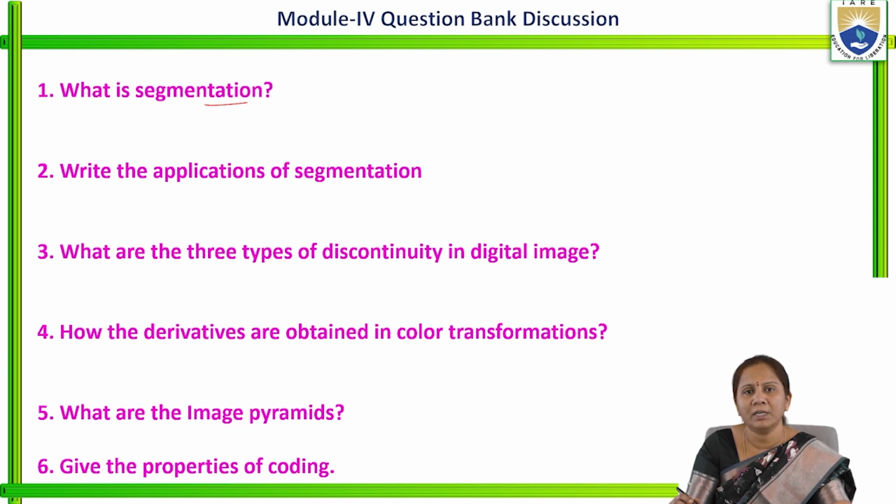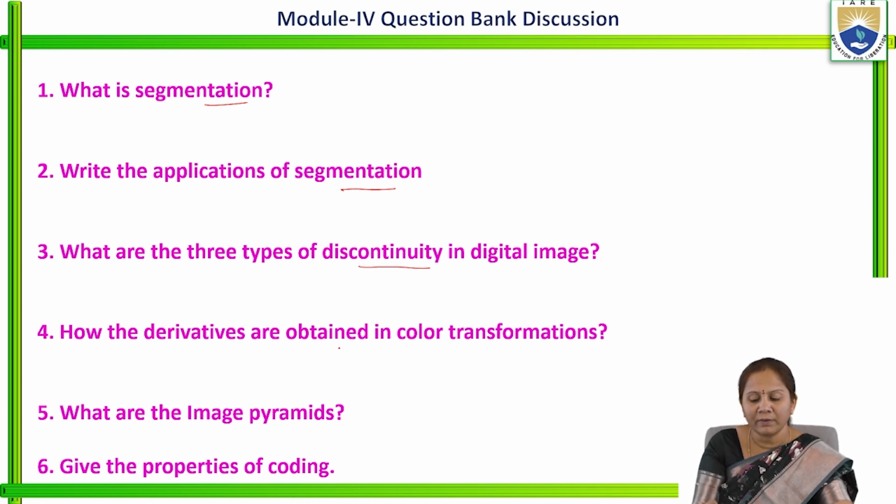By using this segmentation, the analysis will become simple. And what are the applications of segmentation? And here, what are the three types of discontinuities in digital image? And next, how are the derivatives obtained in color transformation? Next, what are image pyramids? And what are the properties of coding?